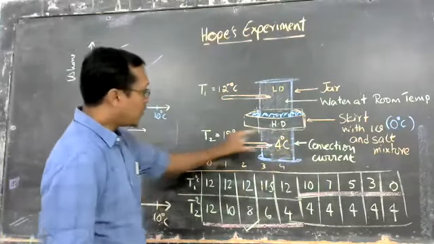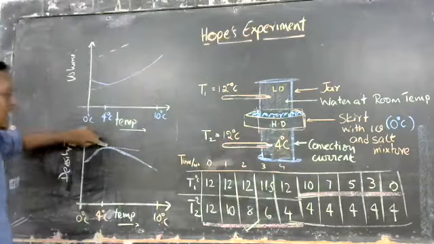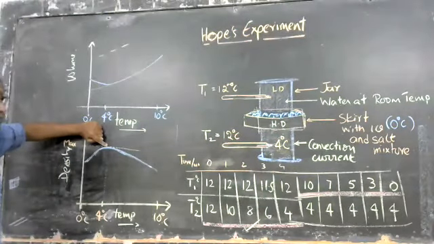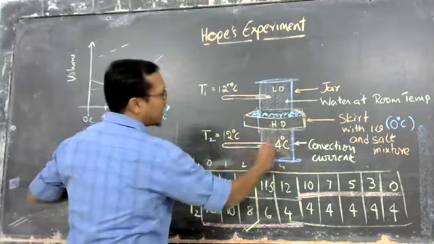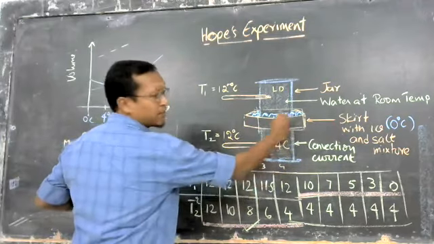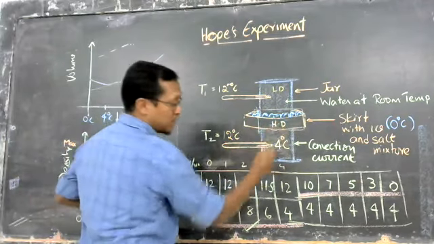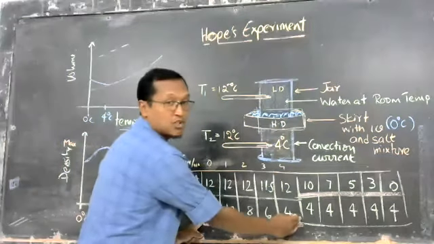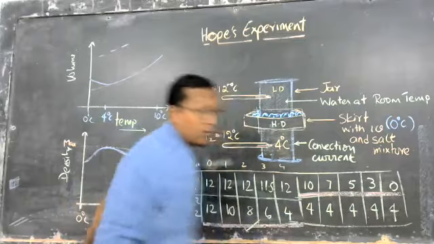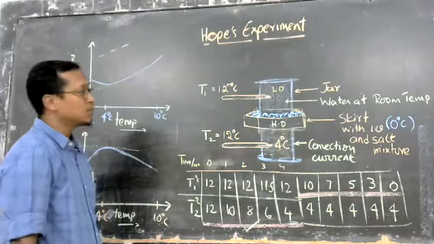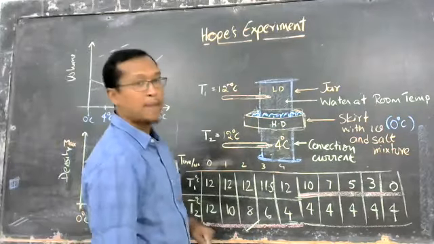Water at 4 degrees Celsius has the maximum density that is possible, right? So now there is no possibility for any convection currents to happen over here. So this temperature change stops. It goes to 4 and then it remains at 4 throughout.